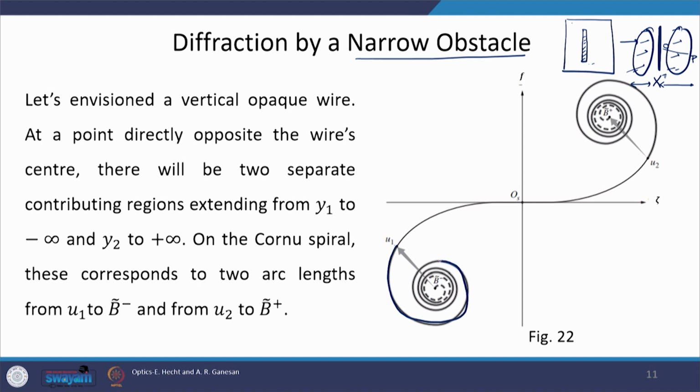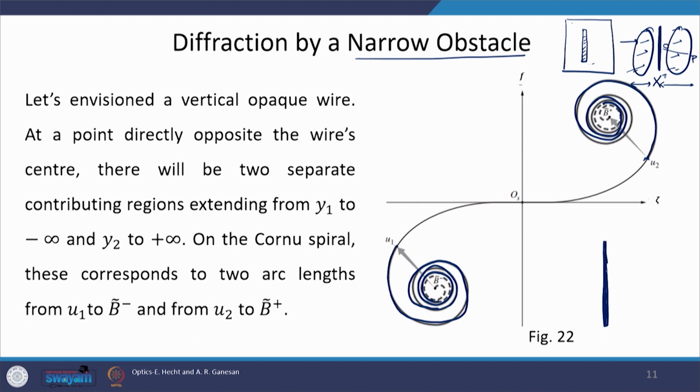This is the first spiral, and it extends very close to B tilde minus, and the second spiral starts from U2 and goes almost to B plus. Why? Because this is the wire, which is the inverse of a single slit.